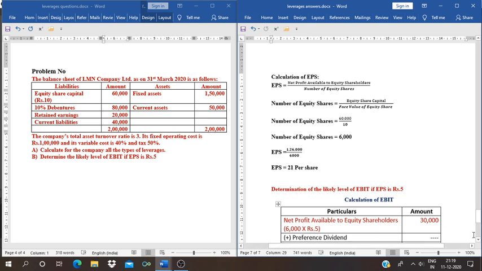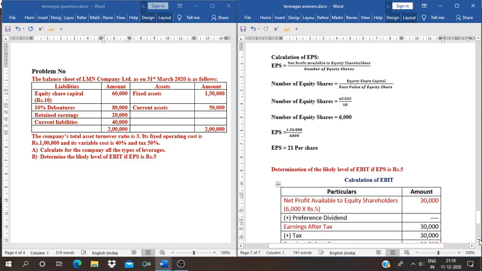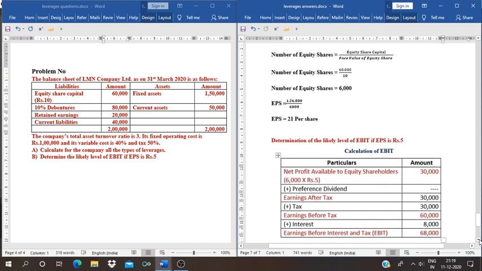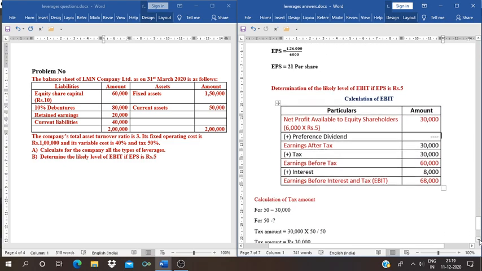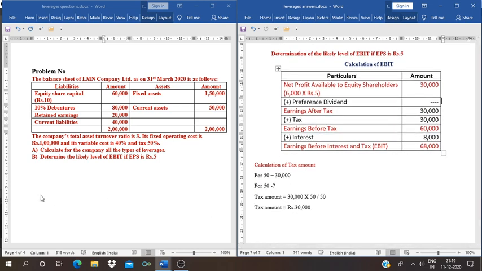Now the second thing we have to calculate. See the problem. Second one, that is B. Determine the likely level of EBIT if EPS is rupees 5.